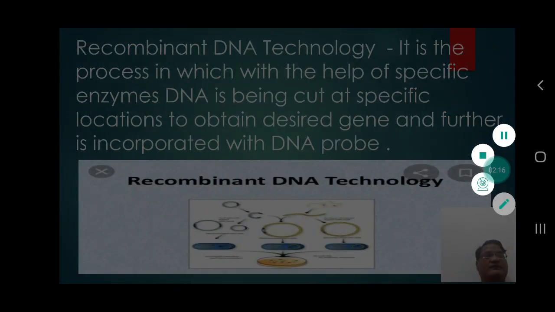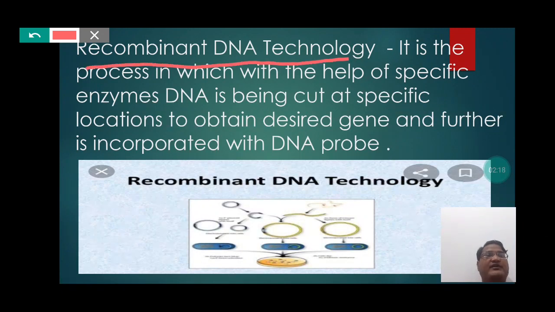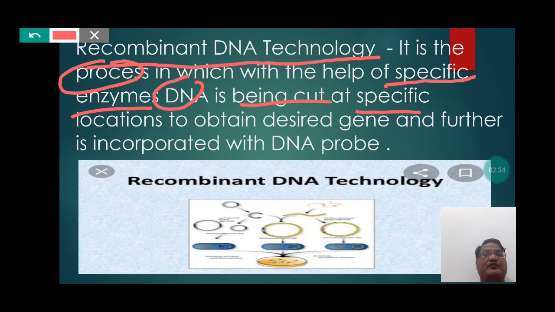So students, with the help of specific enzymes like restriction endonuclease, the DNA is being cut at specific locations so that the desired gene can be obtained and further can be incorporated with the DNA probe.